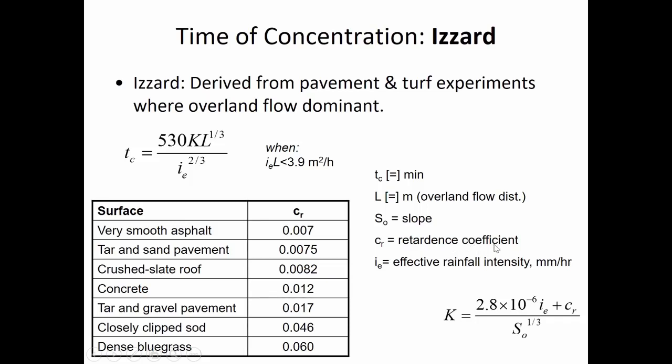The retardance coefficient is calculated based on this formula for the K value, the rainfall intensity, the slope, and the C sub r that varies on different types of surfaces. It was used on a lot of grassy areas. It wasn't used for much channelized flow. If you look at the different types of materials, they're talking about grass and pavements.